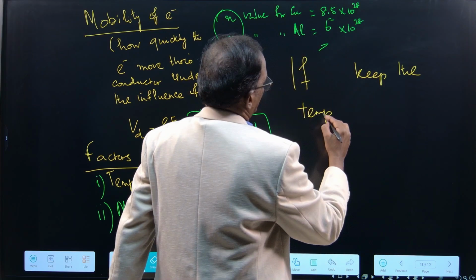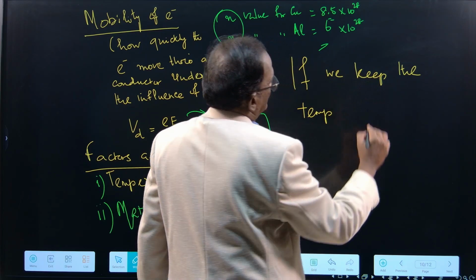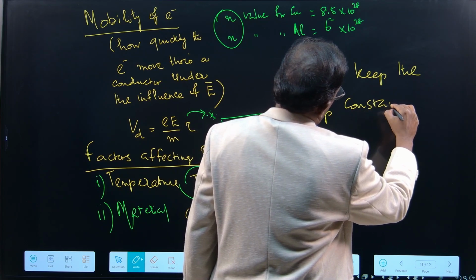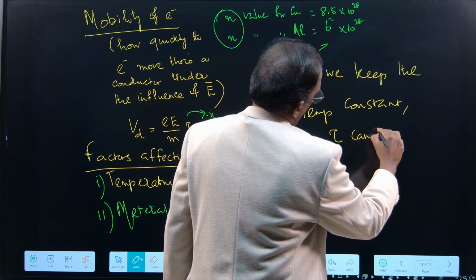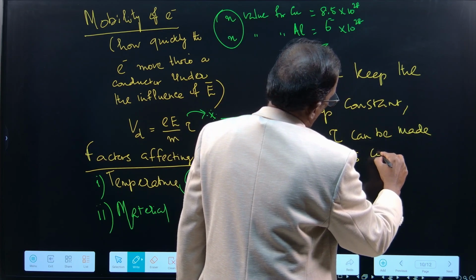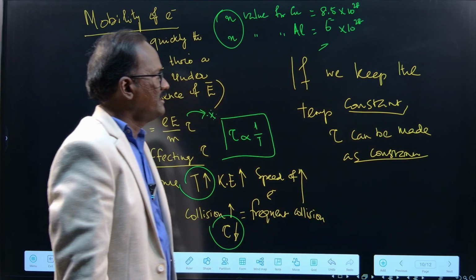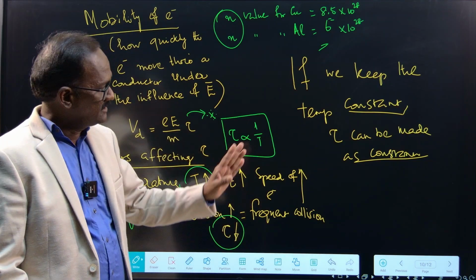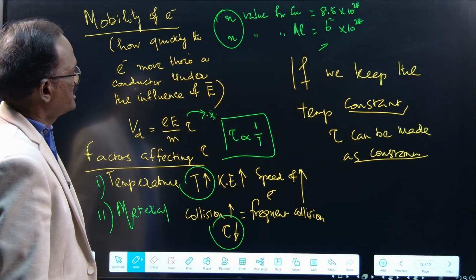If we keep the temperature constant, if we keep the room temperature constant, we can make tau constant too, right?